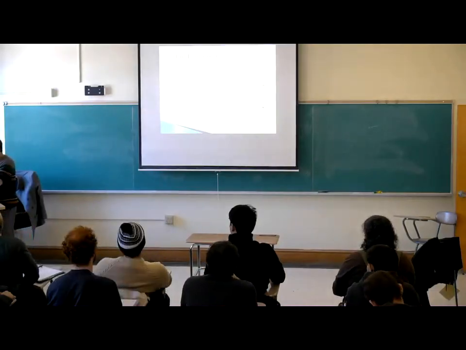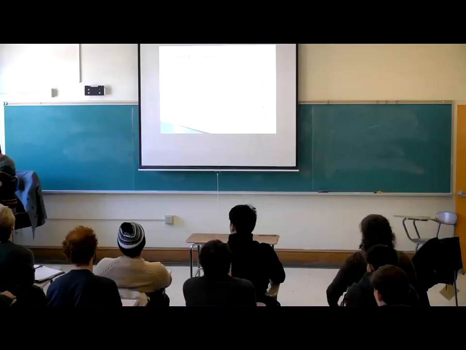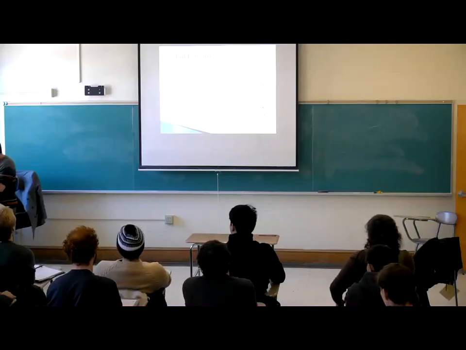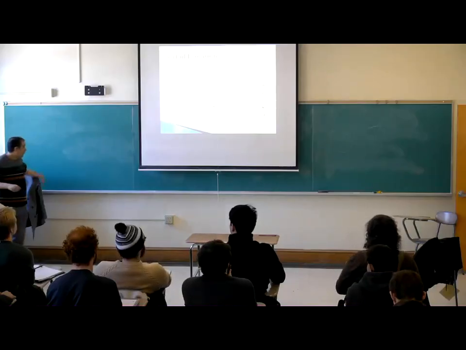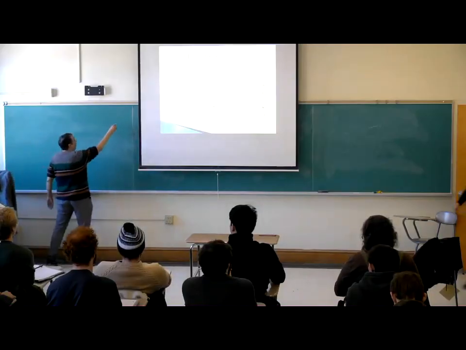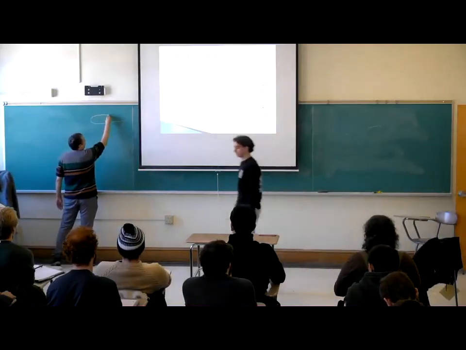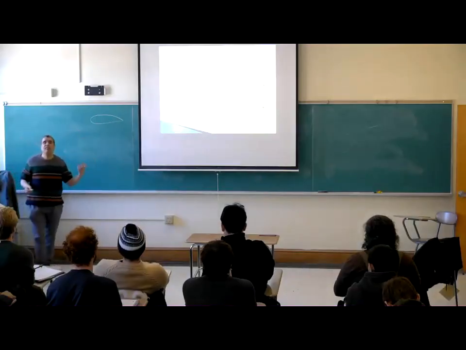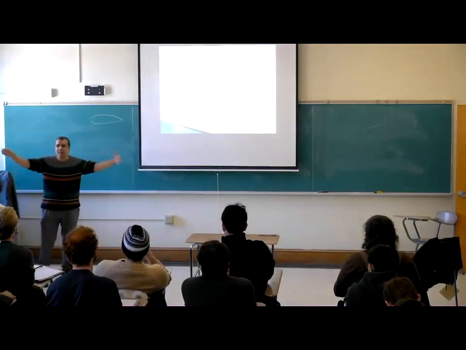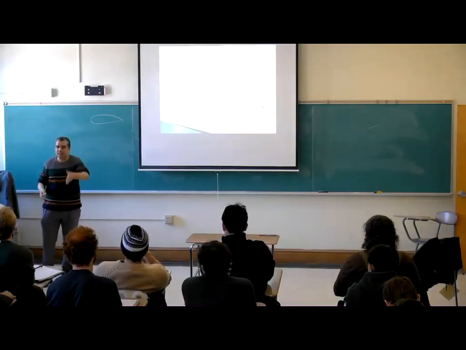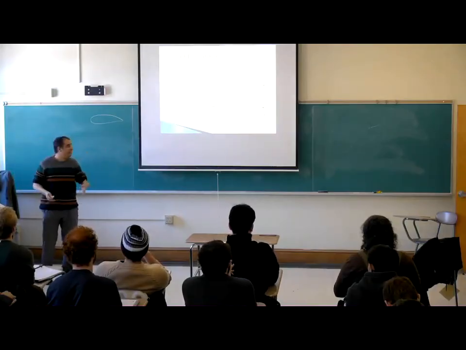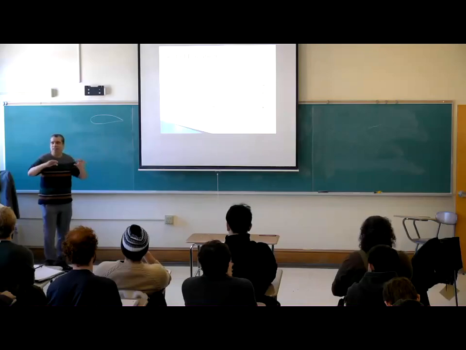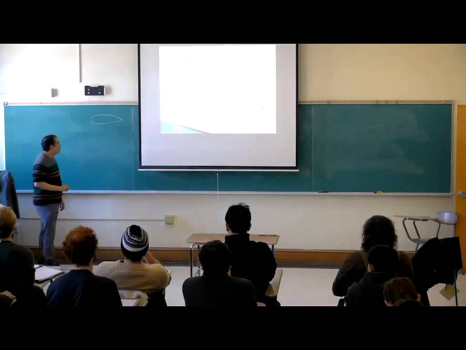Let me plot something for you over the board. This is an airfoil. It is the cross section of the wing. So the wing of the airplane, if you cut the wing, you will see something like this.